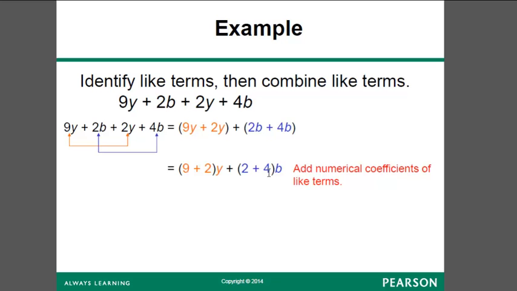That's up to you. What you're doing is adding the numbers, leaving the variable the same. And your answer is 11y plus 6b. Notice I did not change the y and I did not change the b at all.